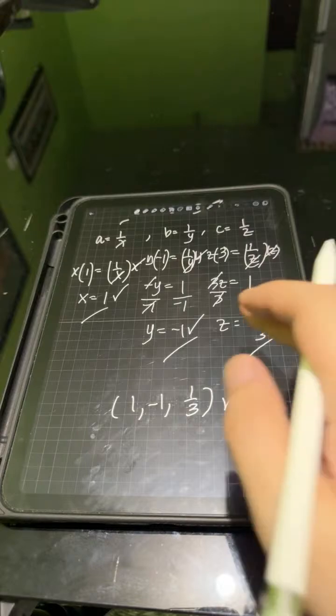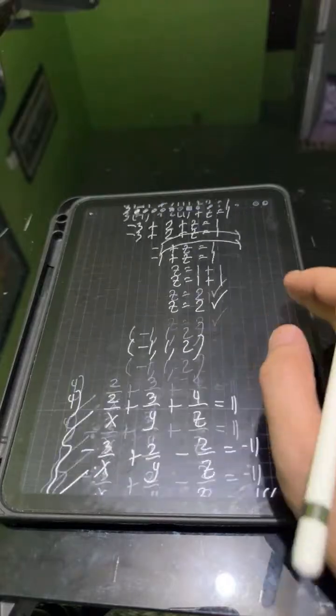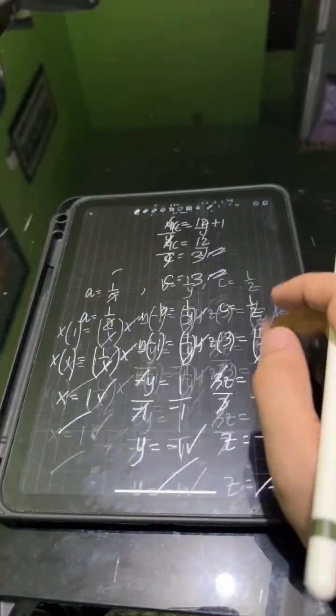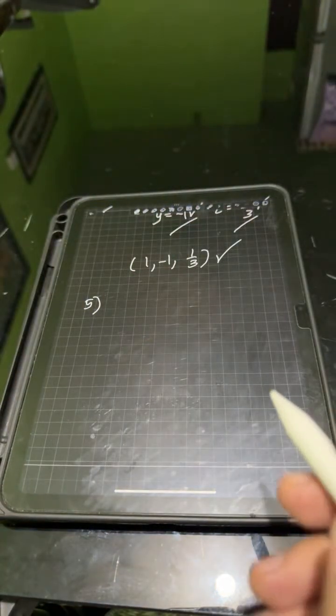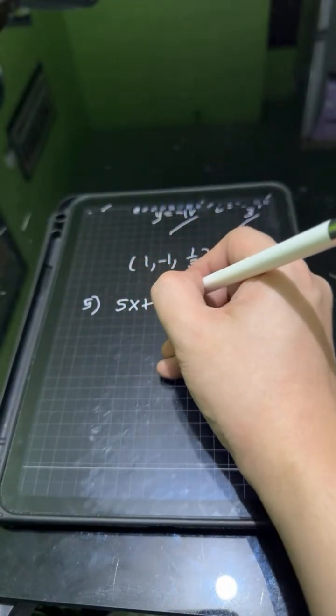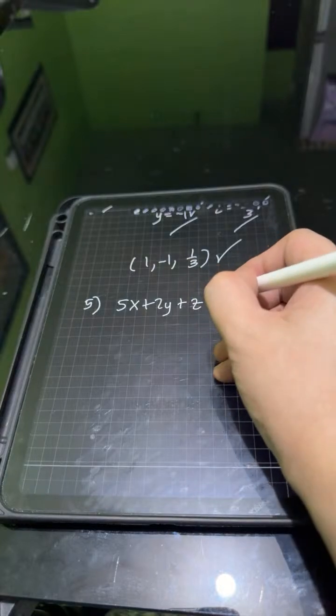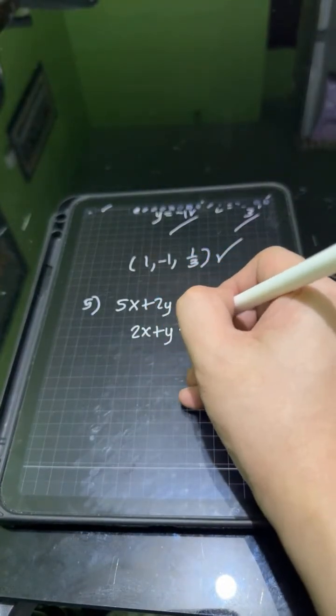Next, number 5. What if we have 5x plus 2y plus z equals 0, 2x plus y equals 0?